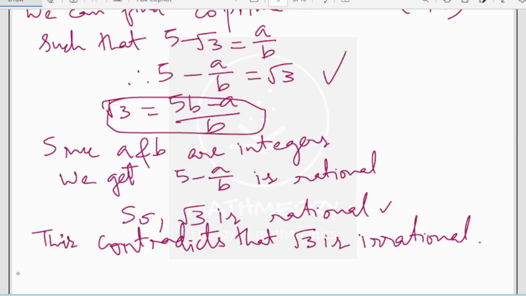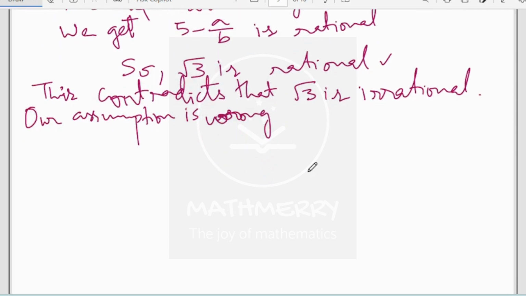Because our assumption is wrong. So that means 5 minus root 3 is rational is a wrong statement. Hence, 5 minus root 3 is irrational.